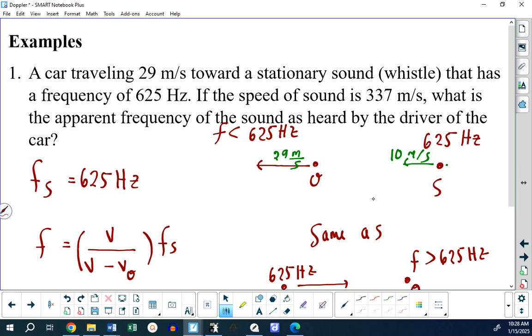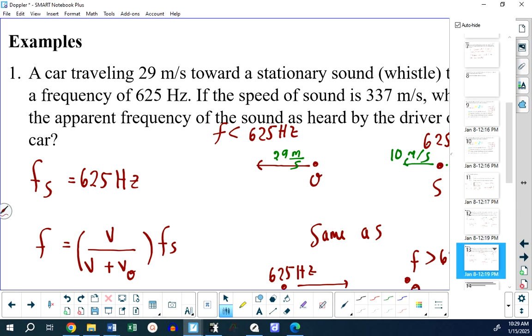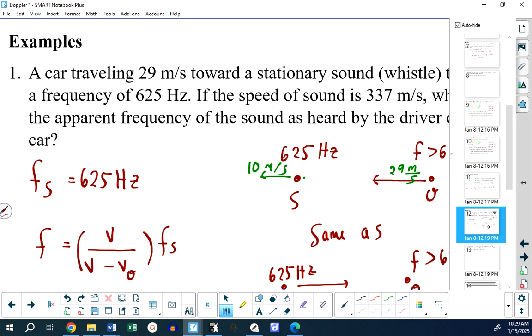So this would become plus, and you would put 19 in there. Remembering when you use plus and when you use minus, and limiting yourself to the source moving, is not very helpful in the real world. Did I clone that page? I did. So let's get back to the business at hand here.